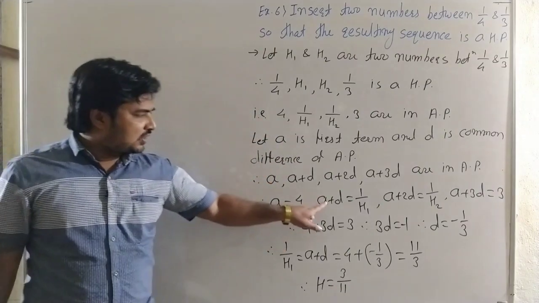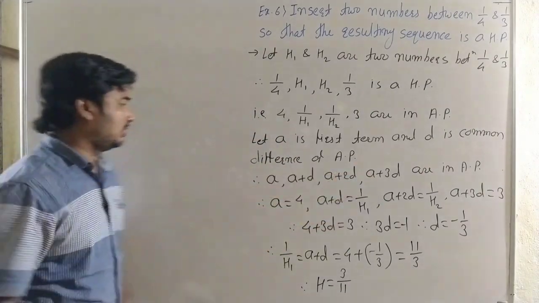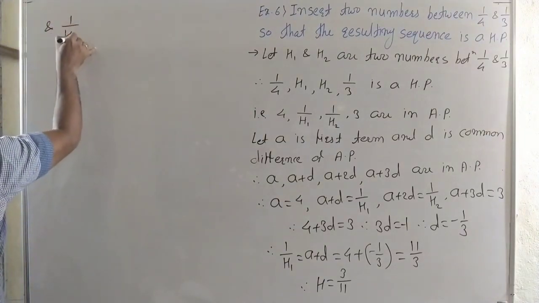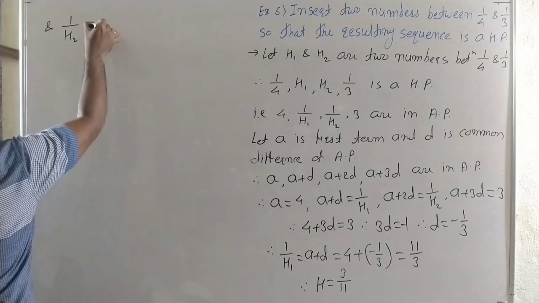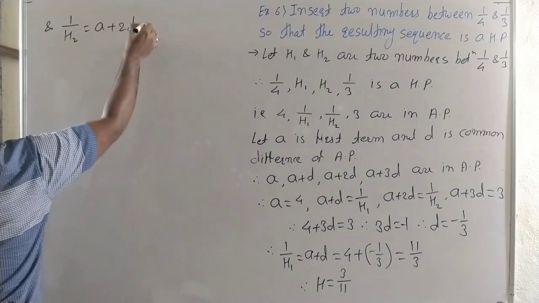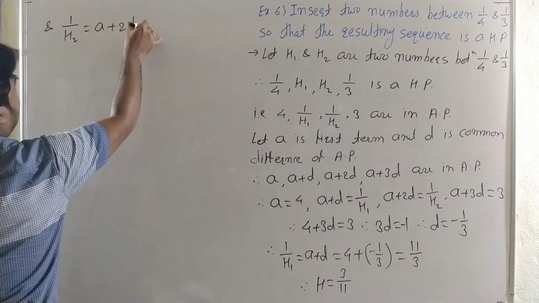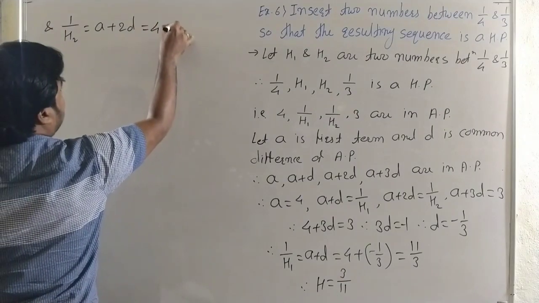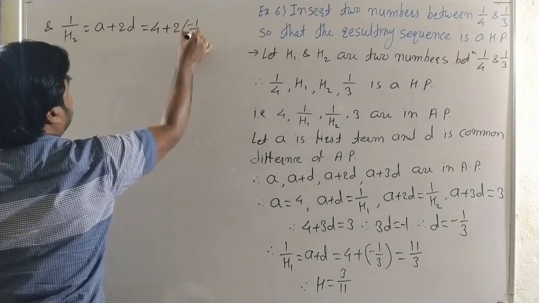Here we know the second term. Now the third term: 1 by h2 is equal to a plus 2d, and therefore it is 4 plus 2 into minus 1 by 3.